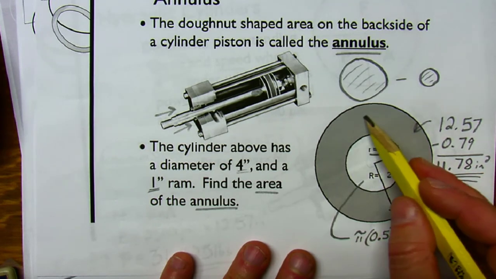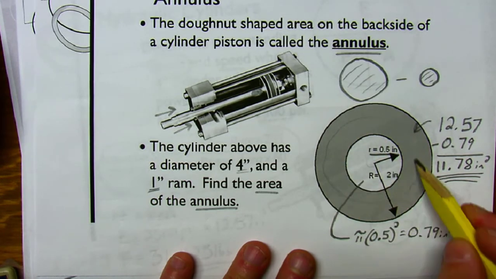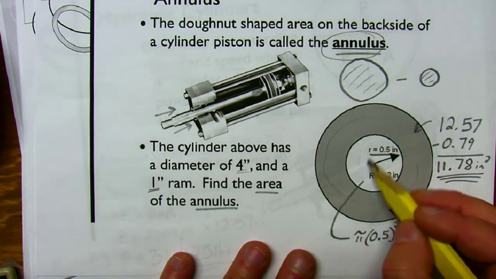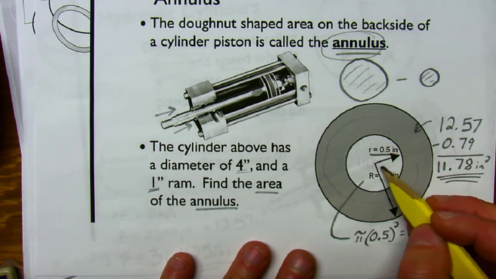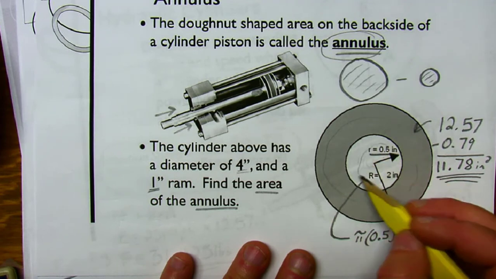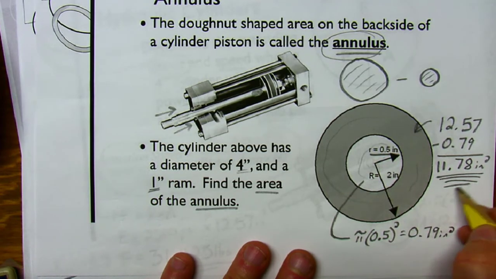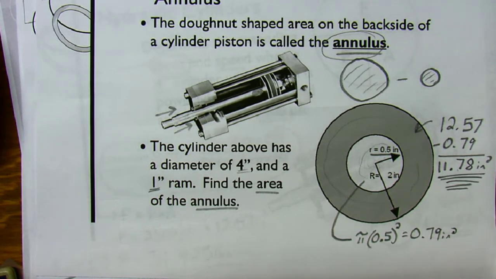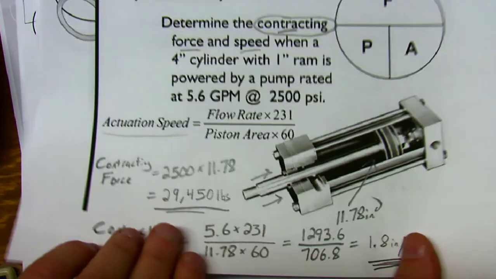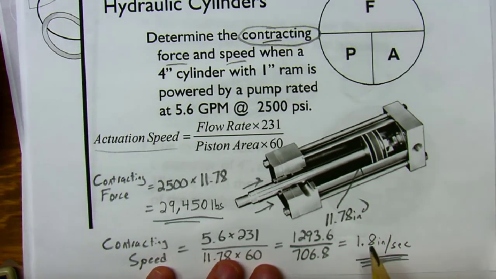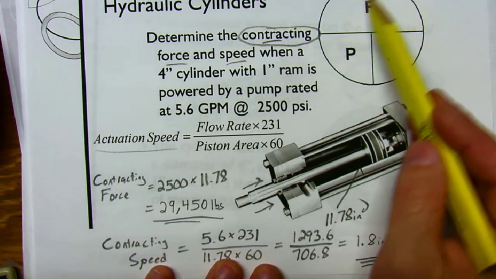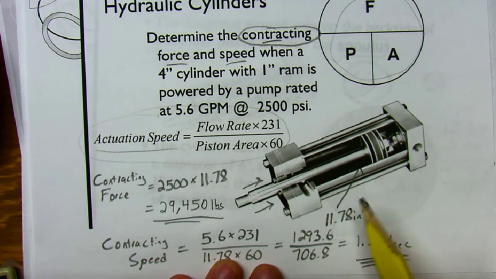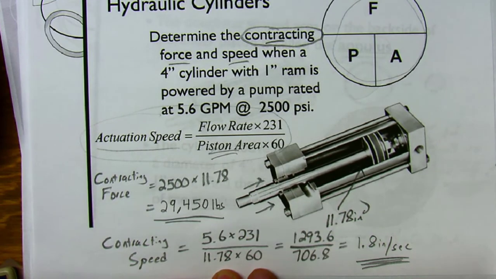And therefore, we can only push against this ring, or this annulus it's called. A common mistake here is to use the area of this inner circle when you're contracting. That's not true. You lose the area of this inner circle, and what you're left with is the donut. That is the area you can use when you go to find your contracting forces and actuation speed. So same formula, same force equals pressure times area, same actuation speed formula, but our piston area is smaller because we lose that hole.